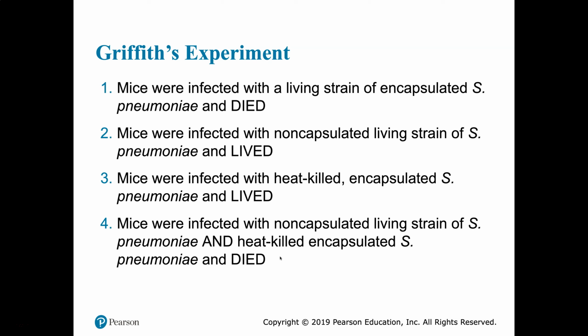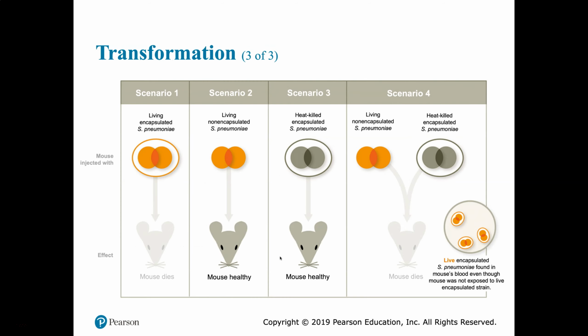There's a really important experiment that occurred that proved this, and it's called Griffith's experiment. Basically, these are the steps that happened. Now, I'm going to move to the next slide because there's an image, but you can come back to this slide and see exactly word for word what is going on during each step.